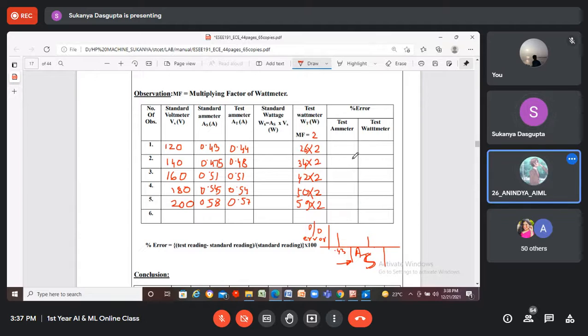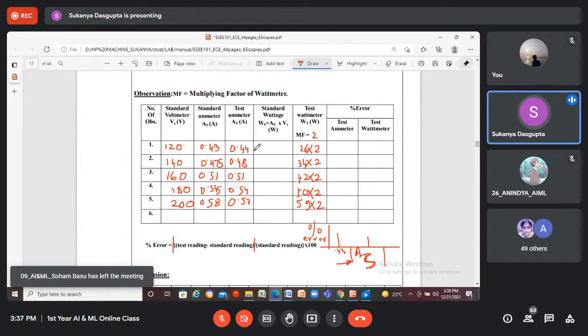If you take the mod value, you will only get positive errors. 0.01 by 0.43 into 100.